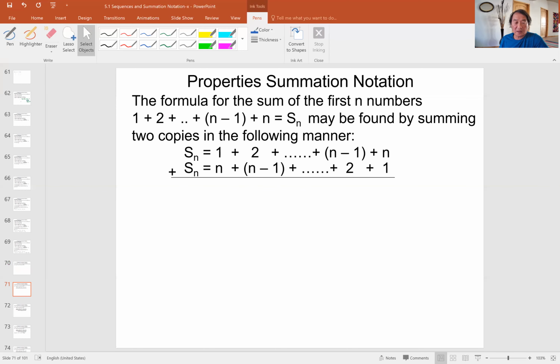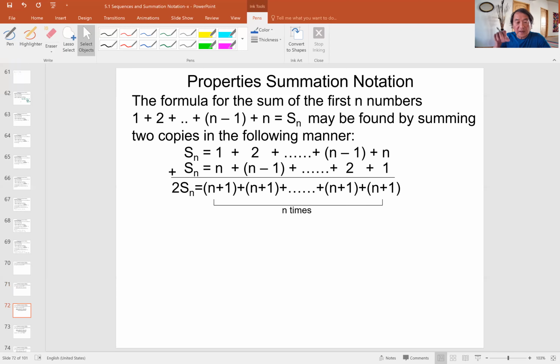We want to sum 1 up to n, and what we do is we take 2 copies of it, write one of them backward, and instead of summing 1 copy, I sum 2 copies. Actually, that's easier to sum. You will see why. Because now notice if I add up and down at each place, the 2 sum to n plus 1.